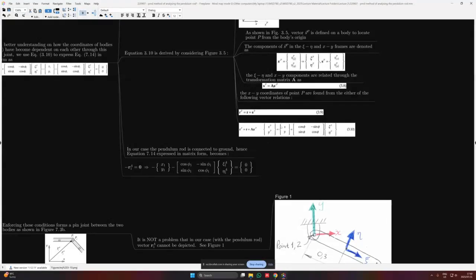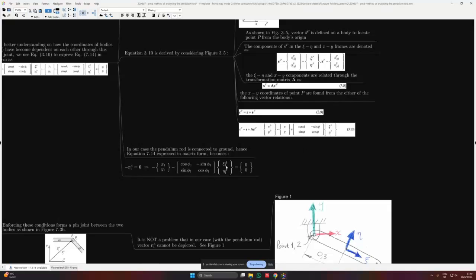So if I simply use this formulation, it becomes minus x1, y1, the global coordinates of the center of mass of the pendulum, minus, because remember I'm multiplying by a minus in front, and then I have my transformation matrix, considering the angle of body 1. And I multiply this with this xi eta P over here.